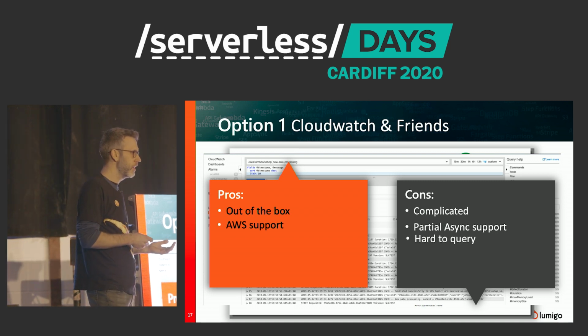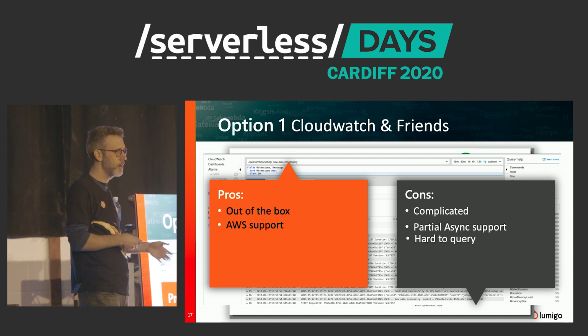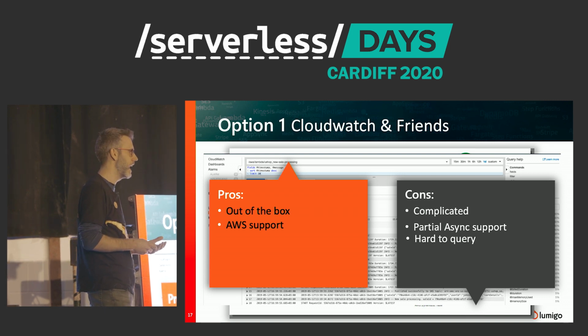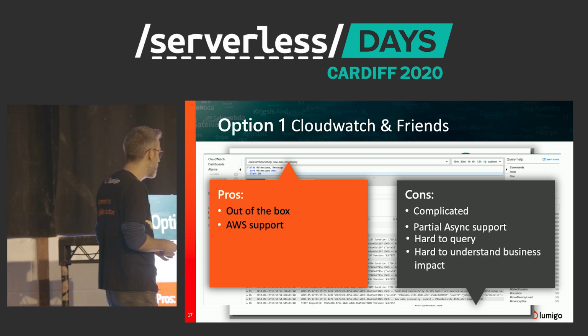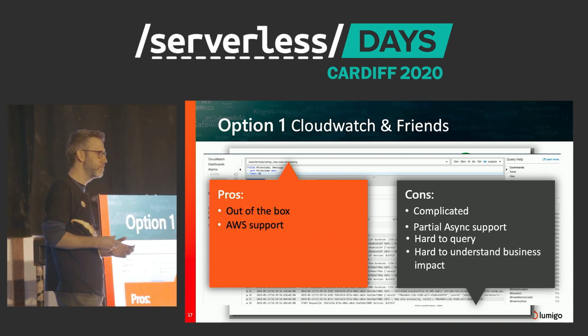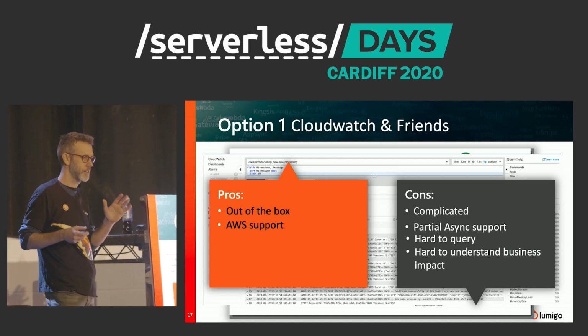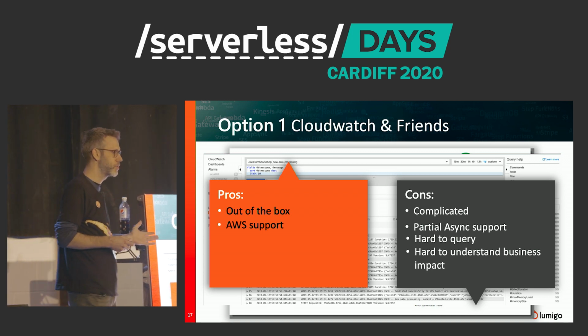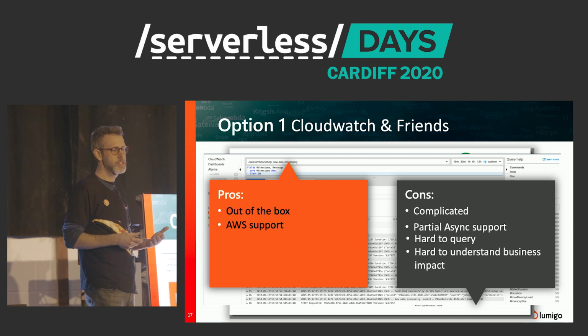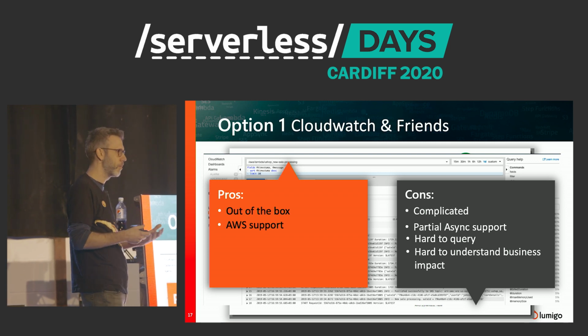It's hard to query. CloudWatch Insights does a good job, but still it's not things like Elastic. And last, it's hard to understand the overall business impact. You see very specific issues, but it's hard to see the big picture. So this is a great place to start, but as your system becomes more complex, you'll probably need some more advanced tools.